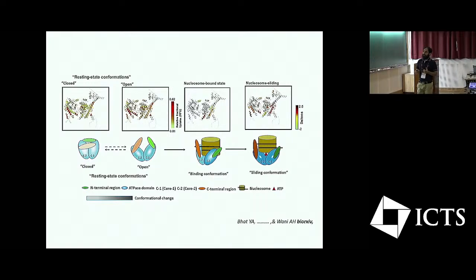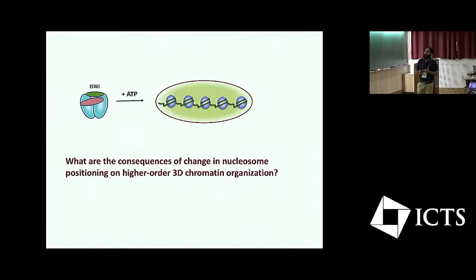And what we found is that the conformations attained by the I-switch are completely distinct in the sliding state versus the nucleosome bound state. Okay, so this is our insight into the mechanistic aspects of how these motors slide the nucleosome along the genome.